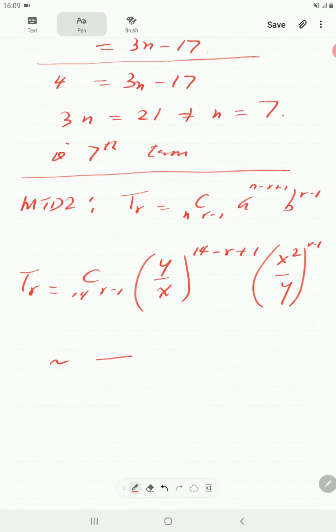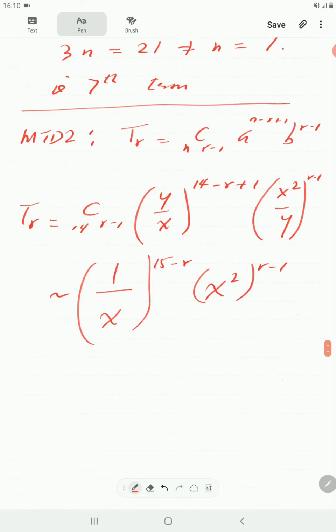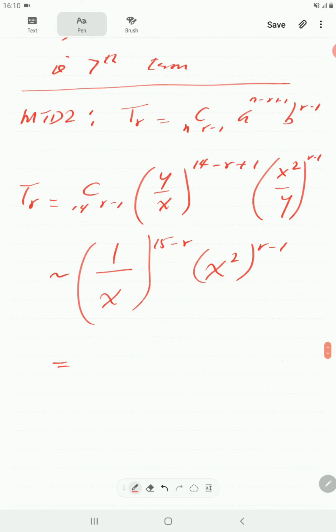So we're going to write that as 1 over x to the power 15 minus r. And then this one is going to be x squared to the r minus 1. So we're just going to work with this for now. So in the numerator it's going to be x to the power 2r minus 2. In the denominator we're going to have x to the power 15 minus r.